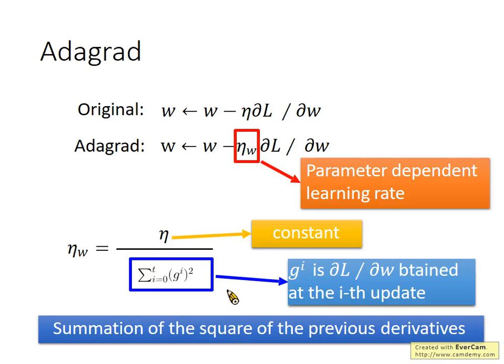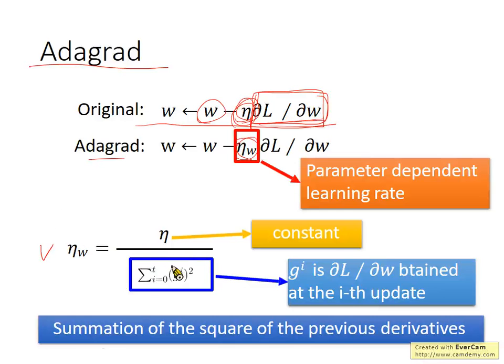And there are actually more elegant adaptive learning rate methods. One way is called Adagrad. This is the original form to update the parameter: from the original parameter, we move toward the negative of the gradient, with scale eta. Adagrad means we move with the scale eta_w, where eta_w is a parameter-dependent learning rate that can be designed like this.